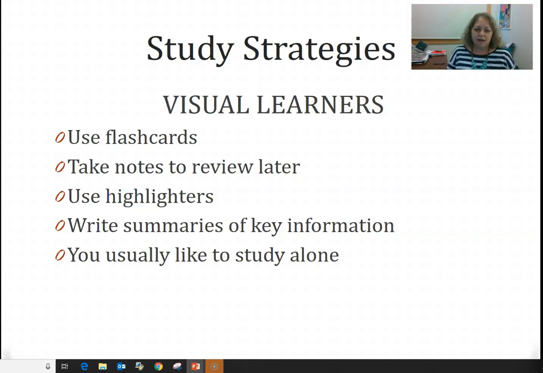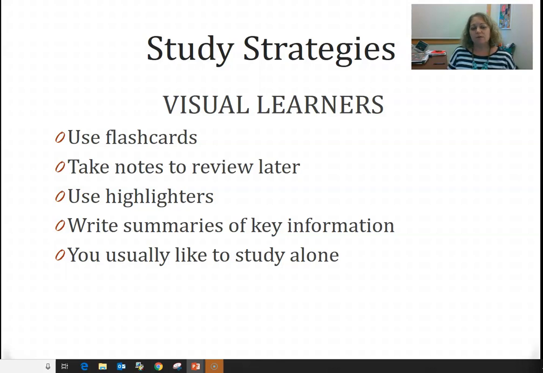Taking notes in class is going to be really important for visual learners. By having those notes, you're able to go back and review them and use that to prompt you to remember different information. And one thing we'll talk about later on in the class is the importance of reviewing notes on a continuous basis and not just right before an exam, okay?